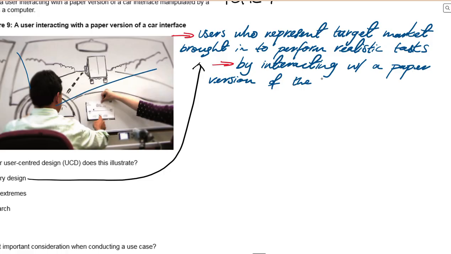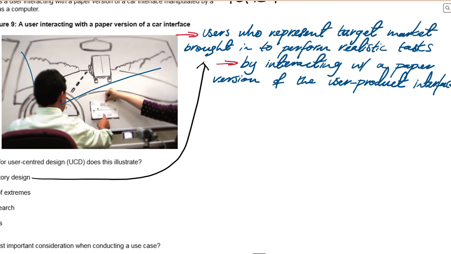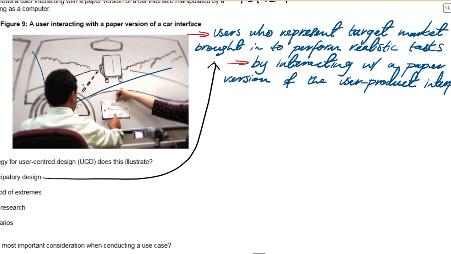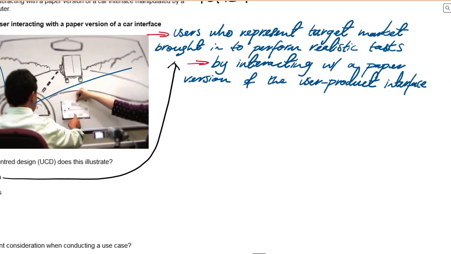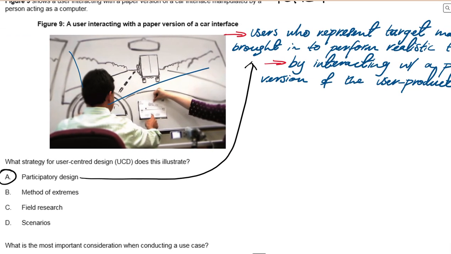And so what we should say is, with a paper version of the user product interface. Hope you guys understand what that means. Otherwise, do search it up. User product interface is basically whenever a user has to touch any buttons or has to see something. So everything that the user interacts with is called the user product interface.